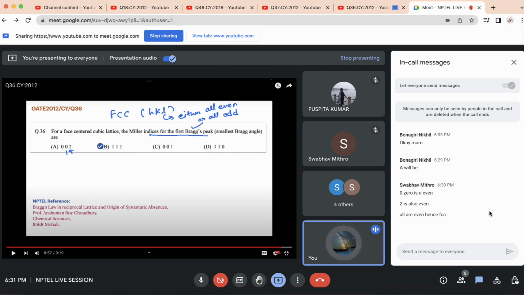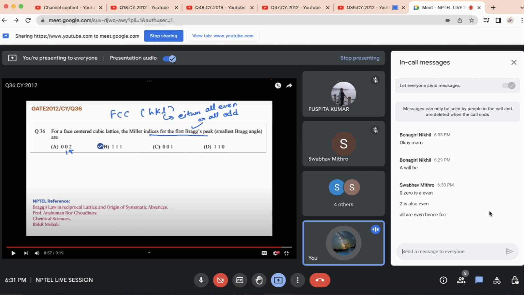So actually, you can help me also to approach this particular problem, where they are asking me to find the Miller indices for the first Bragg's peak. That means n is equal to 1, correct? And my lambda is something which I don't know.